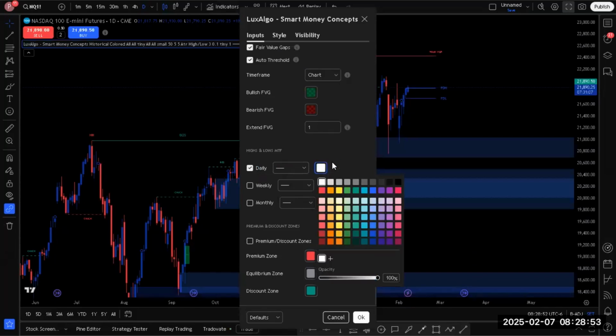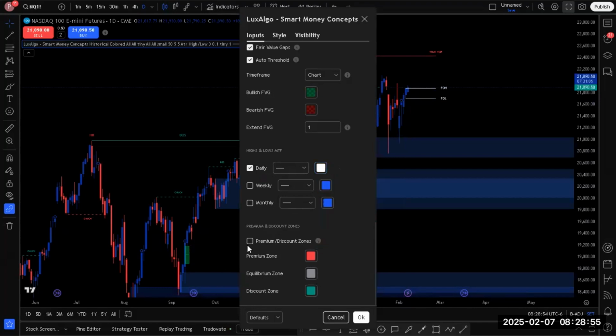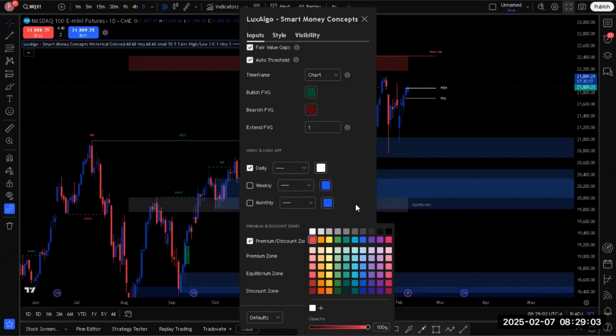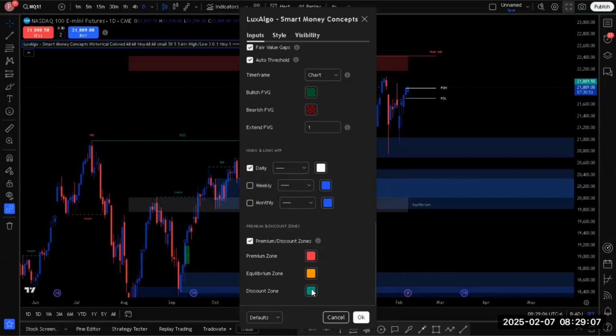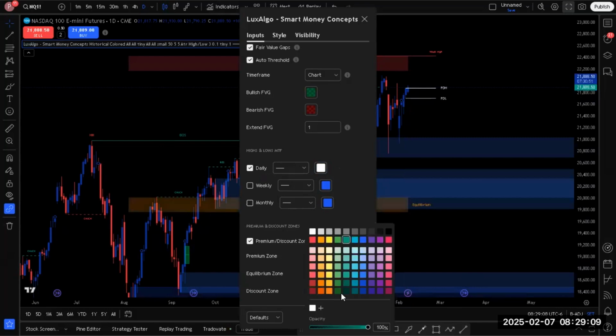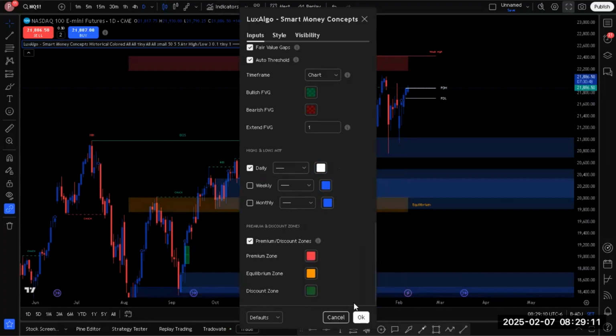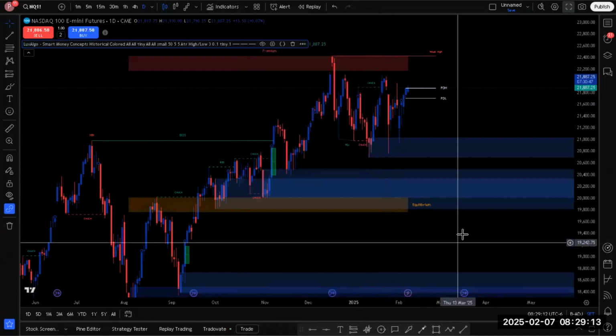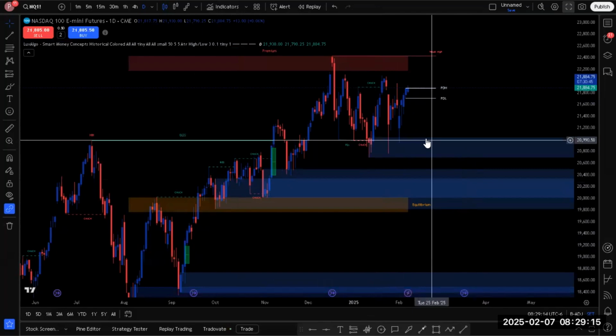I'm going to make that white. I'm going to keep this red, yellow, and green. And so I got those set up on a daily.